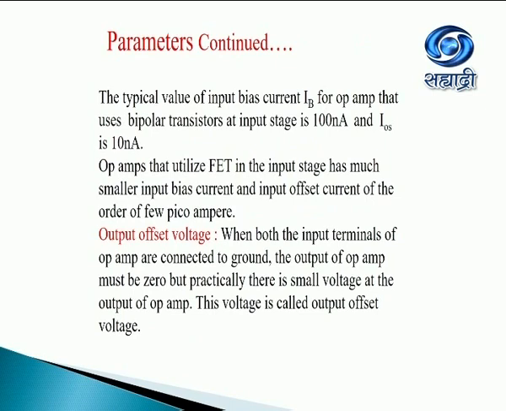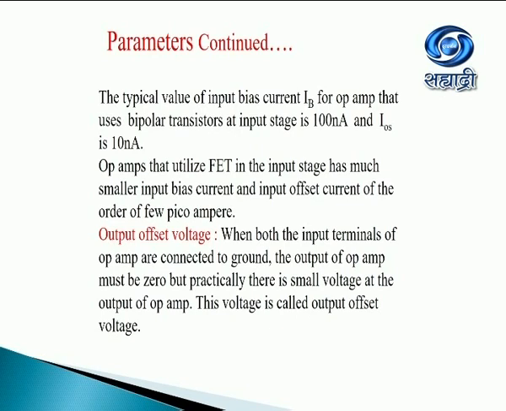The typical value of input bias current IB for an op-amp that uses bipolar transistors at the input stage is 100 nanoampere and offset current is 10 nanoampere. Op-amps that utilize field effect transistors in the input stage have much smaller input bias current and input offset current, of the order of a few picoampere.